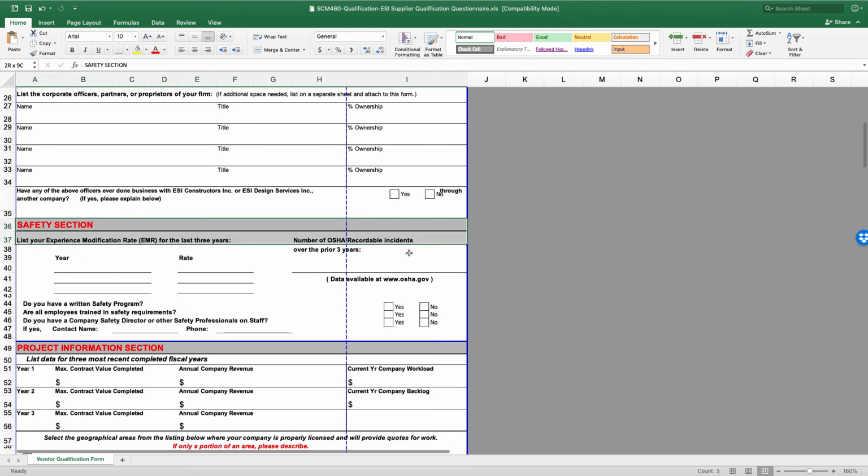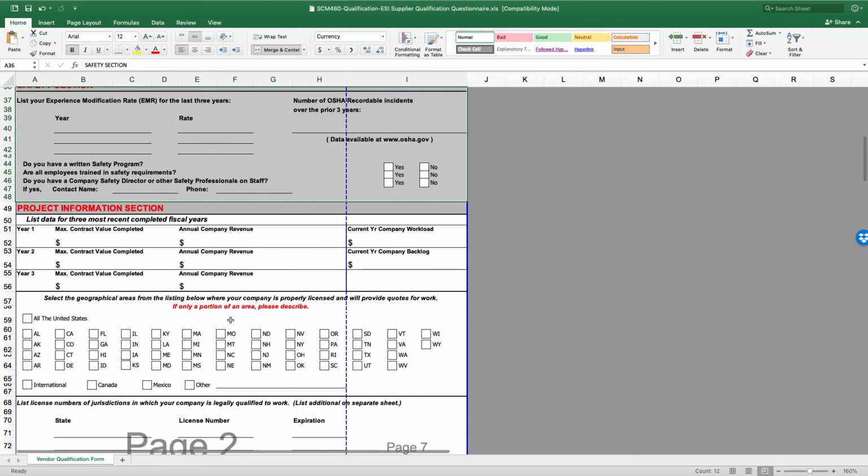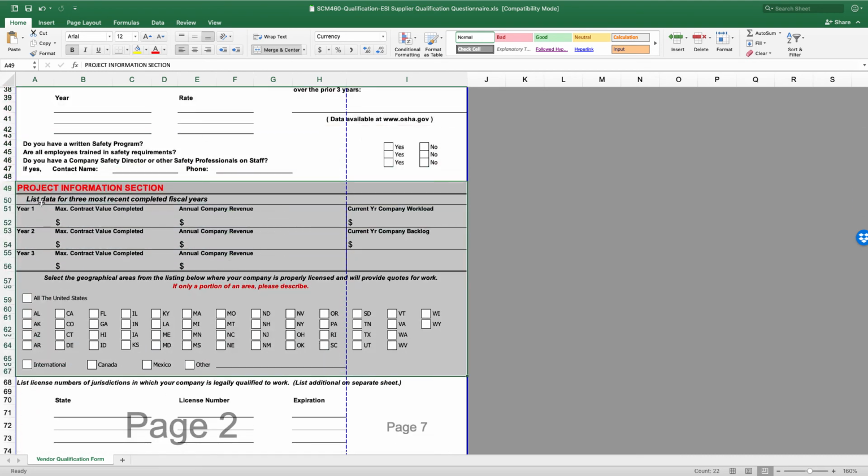Being the construction sector, it is particularly sensitive to safety, so which are the safety qualifications and the safety regulations that they have in place in order to assure the safety of their operators. Then they provide big projects, which are the last 3 projects that they have managed in the last 3 years, and which is the maximum value contracted and the annual company value.